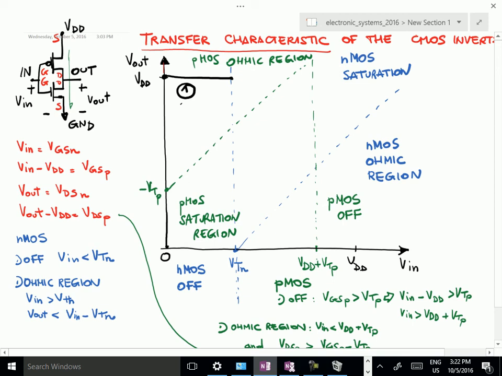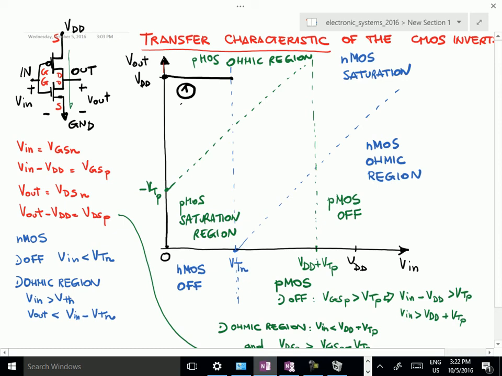Then what happens here? When we increase the voltage above VTN, the NMOS starts conducting. Here the NMOS passes from the off situation to the saturation condition. So we have some current through the NMOS. Since we have some current through the NMOS, we have current also through the PMOS, because otherwise we do not have current through the PMOS.